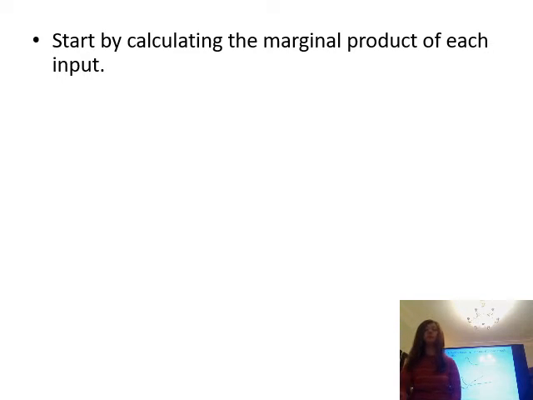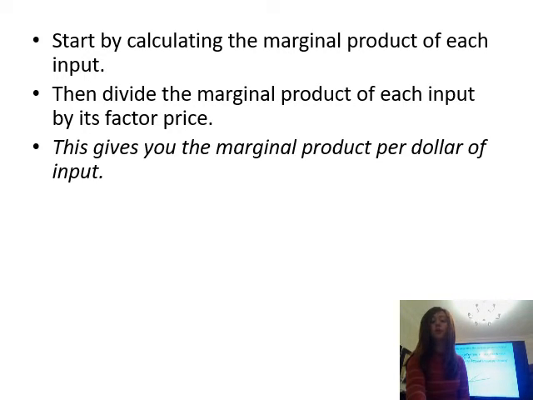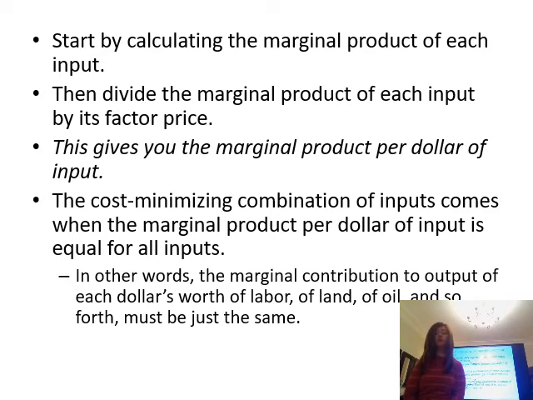What does this mean? It means that you divide the marginal product of each input by its price. This will give you the marginal product per dollar of input, the marginal product of each dollar that the firm spends on that input. The cost minimizing combination comes when the marginal product per dollar of input is equal for all inputs that the firm is using.